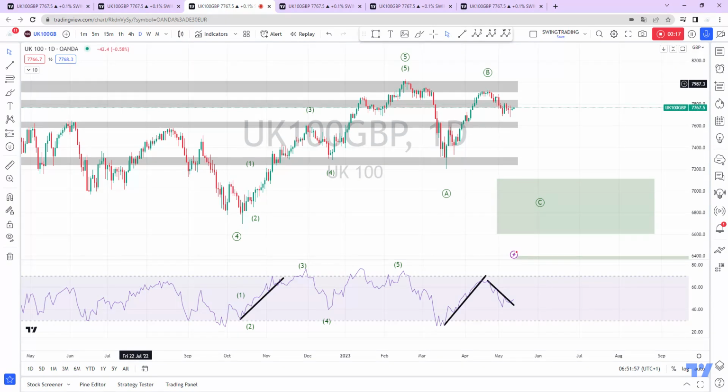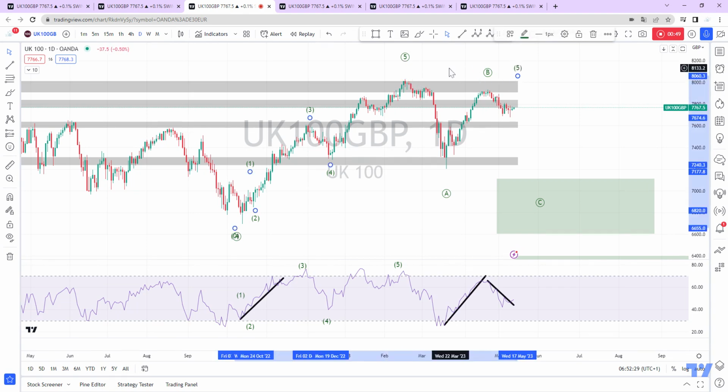As I discussed in my weekend video where I looked at the higher time frame, I'm expecting a pullback in the FTSE futures in the higher time frame. For now, I think that the pullback has started. My current count is that the wave 5 is in, but as I also explained in my weekend video, it doesn't have to be.